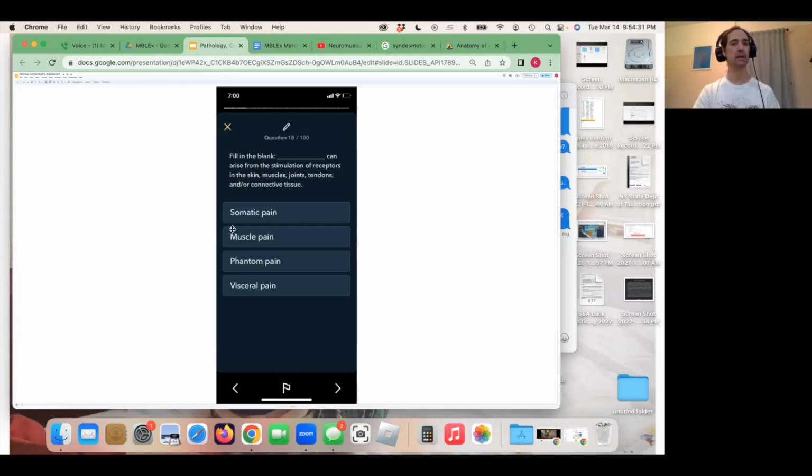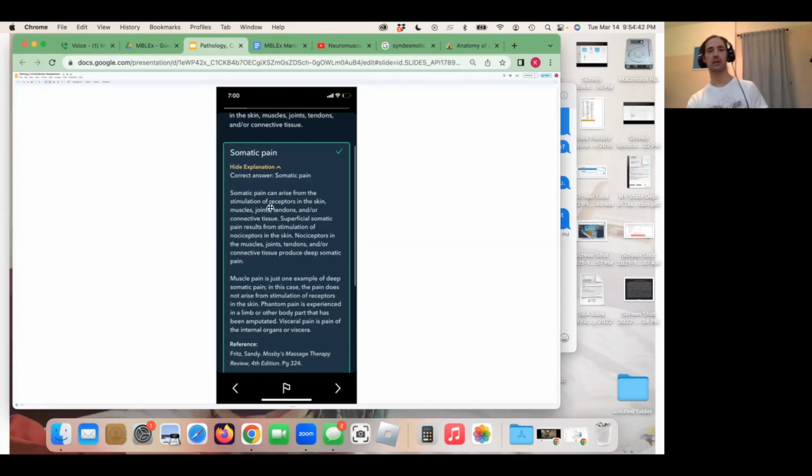So somatic includes muscle. This is the better choice because it includes muscle. Somatic pain can arise from the stimulation of receptors in the skin, muscles, joints, tendons, or connective tissue. Muscle pain is just one example of somatic pain.